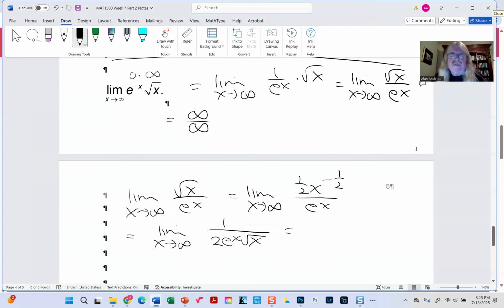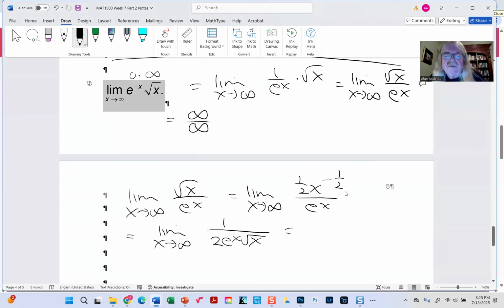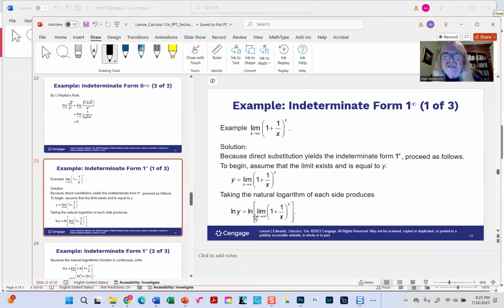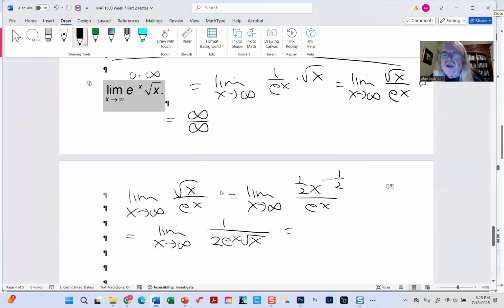And then that's going to give us, looks like it's going to be zero, because you've got infinity. The value of the denominator is getting extremely large. And so therefore, you've got 1 over a progressively larger number, and that means we end up with zero.